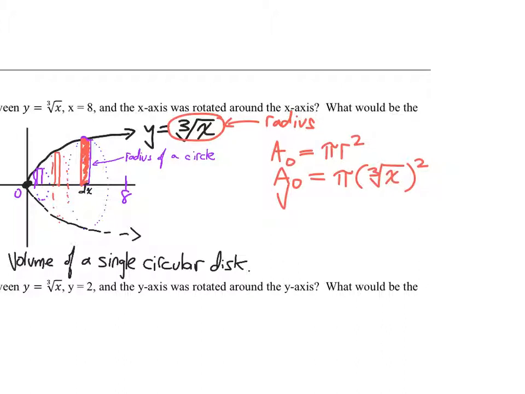Now the volume of the disk, the circular disk, is just going to be that with its thickness. So pi times the cube root of x squared dx.